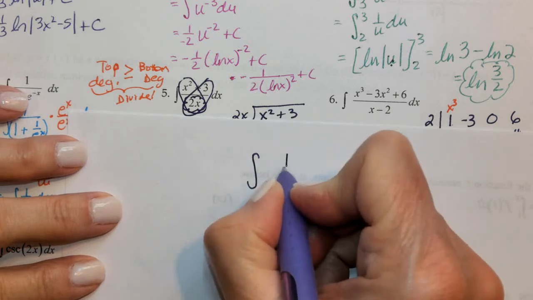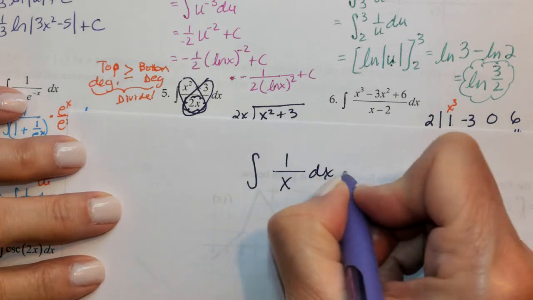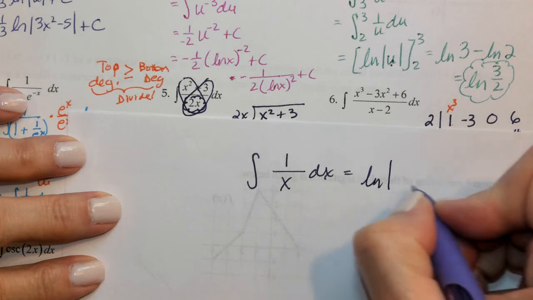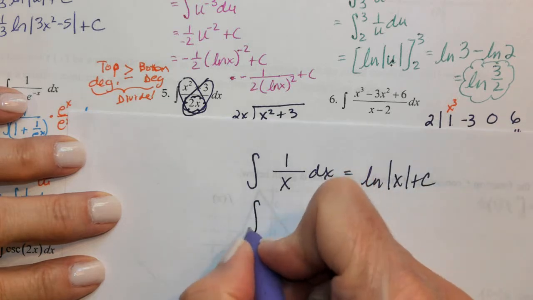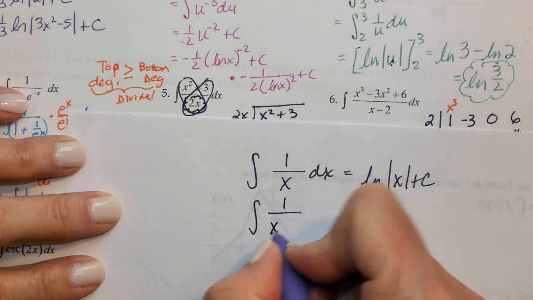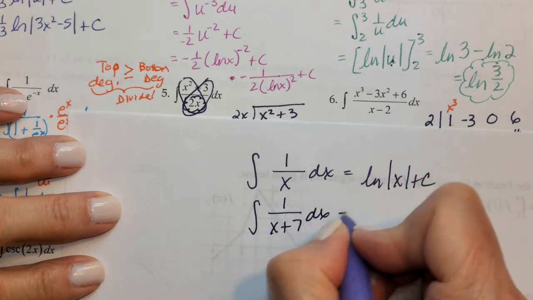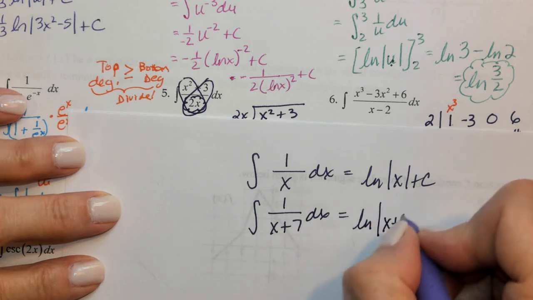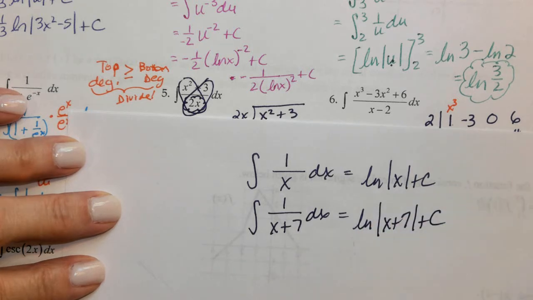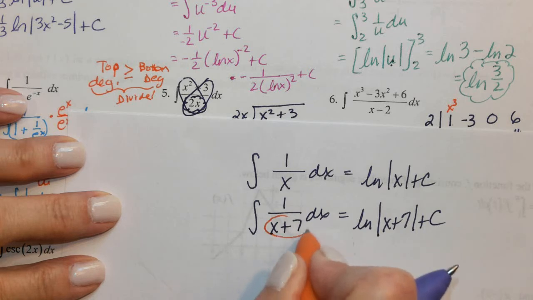What if we have 1 over x dx? What is that? Natural log absolute value x plus c. Okay. What if we have 1 over x plus 7? Okay, that is just natural log absolute value x plus 7. Again, because the derivative is 1.